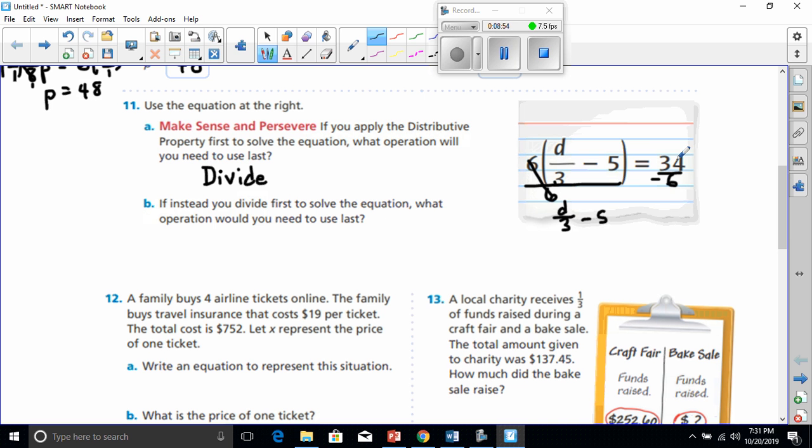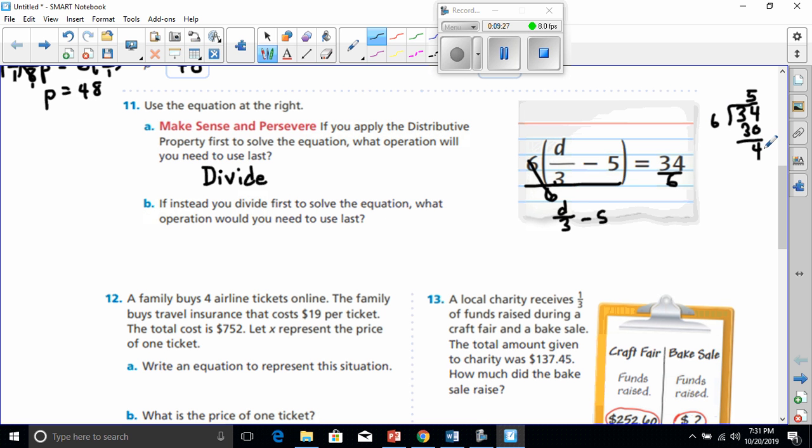34 divided by 6. This is why I don't like doing it. 34 divided by 6 would give me, well, 34 divided by, and I don't know why I have negative there. It should just be divided by 6. I'm going to erase that because I don't want there to be any confusion of it being a negative 6. 34 divided by 6 would give us 5 with 4 left over.